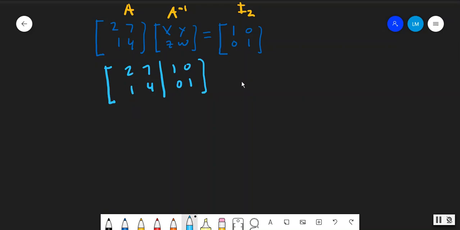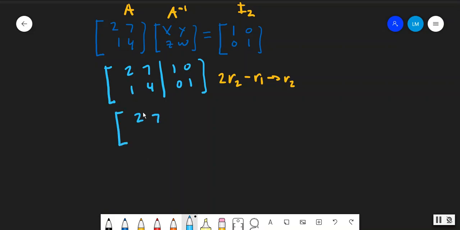Okay, so how about this? We'll do 2 times row 2 minus row 1 to give us a new row 2. That's going to give us the following matrix: 2, 7.